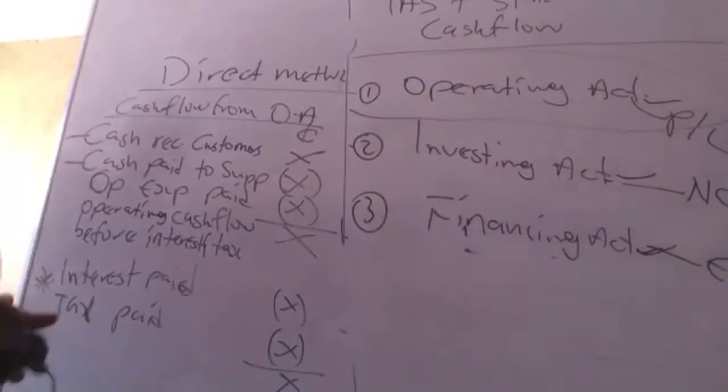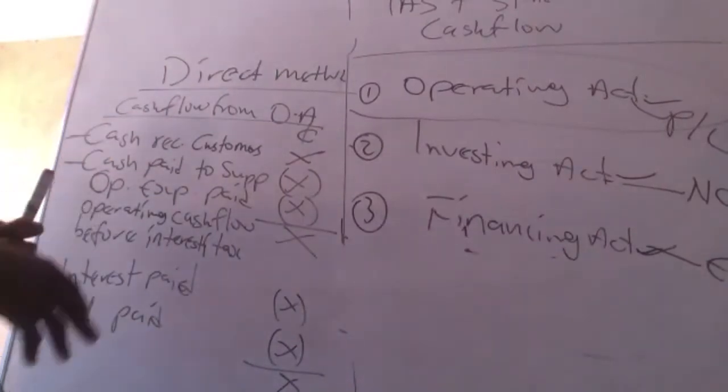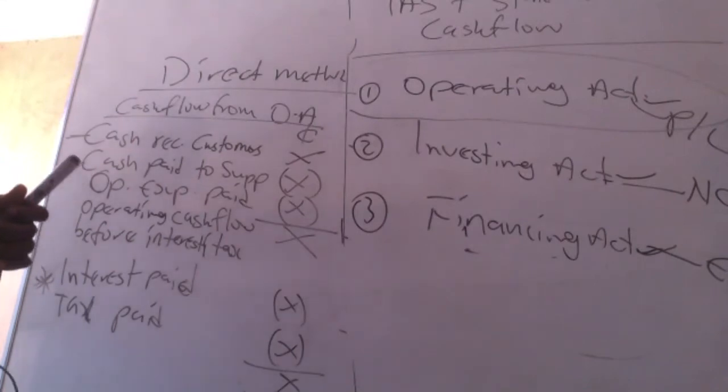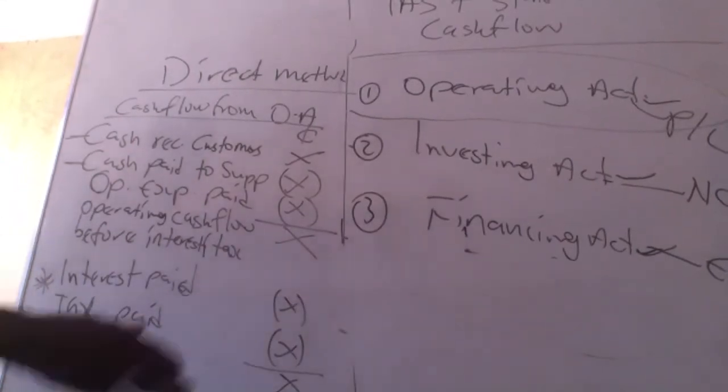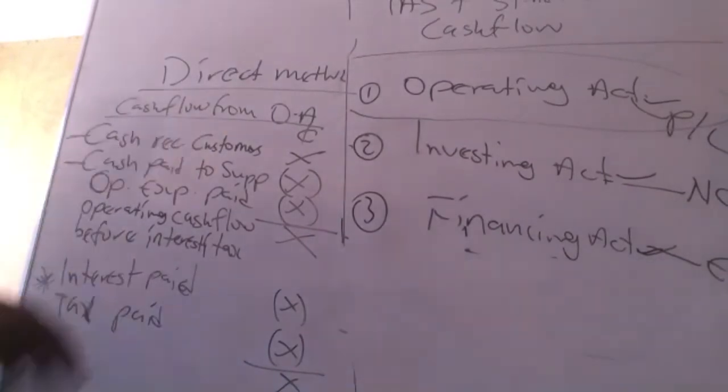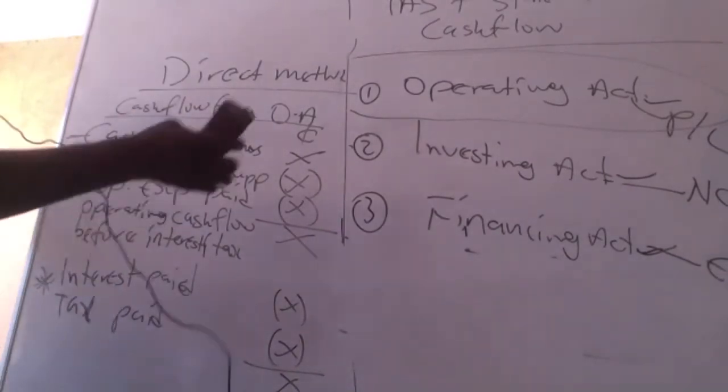Now, if you want to get a cash receipt from customers, you're supposed to apply something that they call a control account. Don't worry. If we have no idea about control accounts, we can still prepare it. So what we do is this.